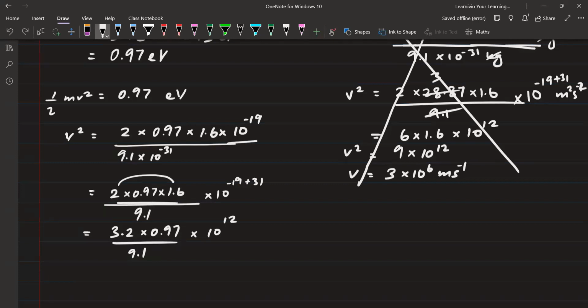Let me do a complete calculation. 2 into 0.97 into 1.6 upon 9.1. What is the answer for velocity?